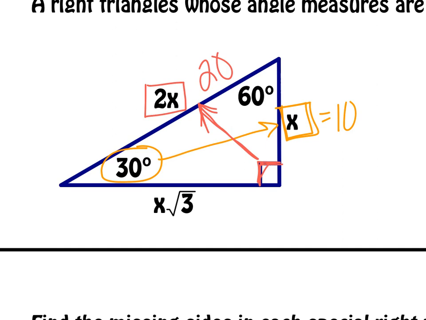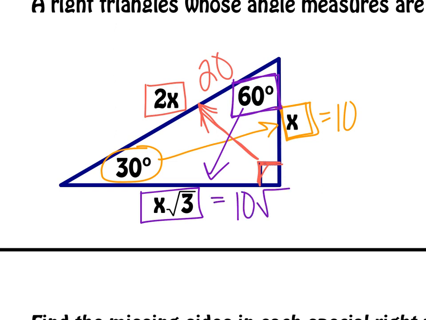And that leaves the side that is across from the 60 degree angle, which is x times the square root of 3. In this case, if x is equal to 10, then this side length across from 60 is 10 square root 3 automatically.